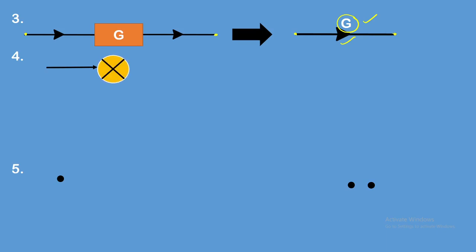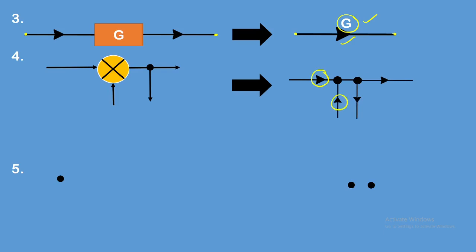Next you have a summing point with a takeoff point. Let us take an example. If there is a summing point with a takeoff point, you can represent the summing point as one node and the takeoff point as another node. I have represented it here. For this summing point two signals are coming inside, and for this takeoff point one signal is going outside. That is represented individually like this.